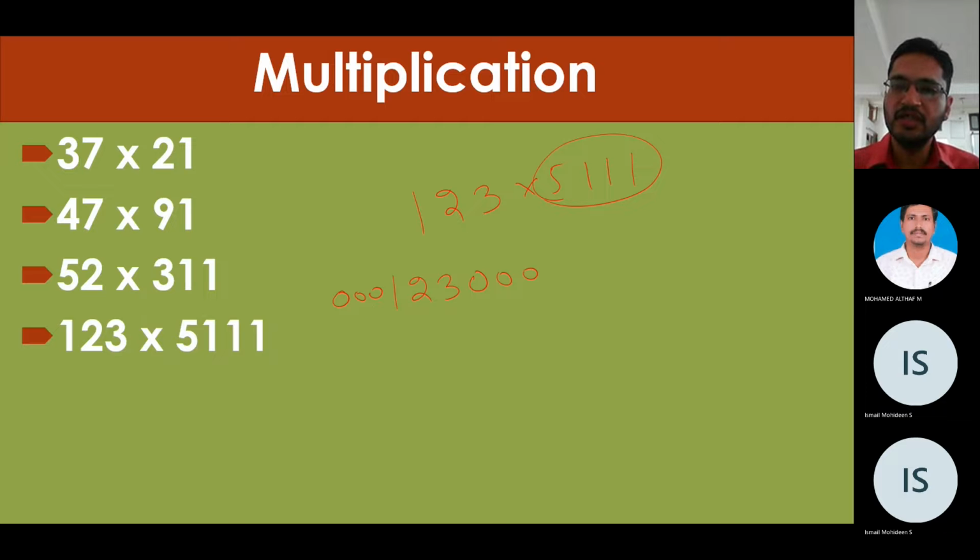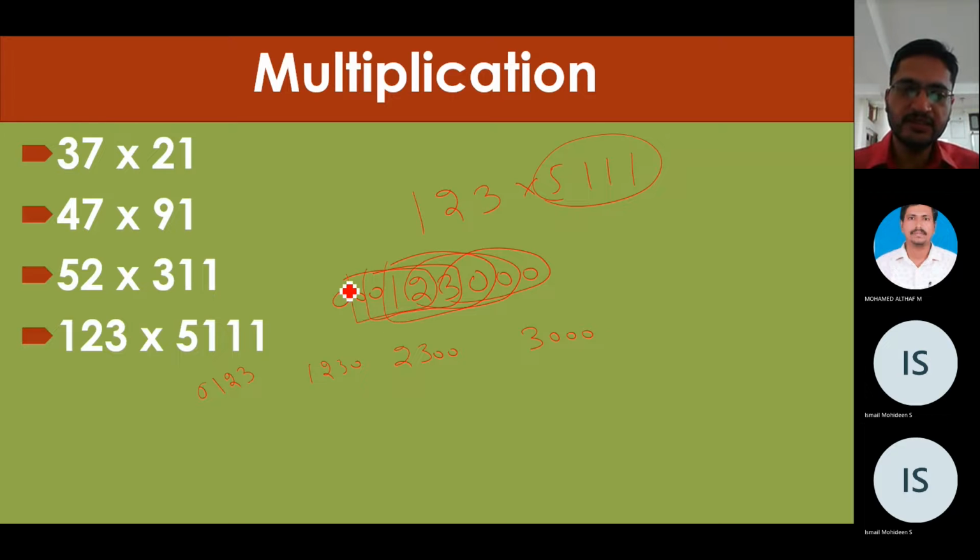Now I will make a pair of 4 digits. First pair will be 3000. Next pair will be 2300. Next pair 1230. Next pair is 0123.